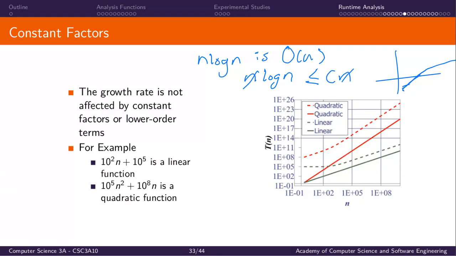Right? So this isn't the case here. n log n is not big O n, as in this function n log n is not bounded from above by some linear function. We can't find a C such that n log n will always be less than Cn. All right.